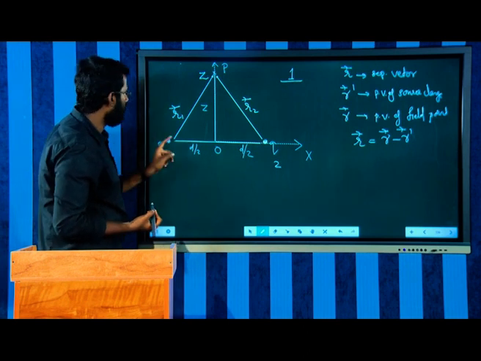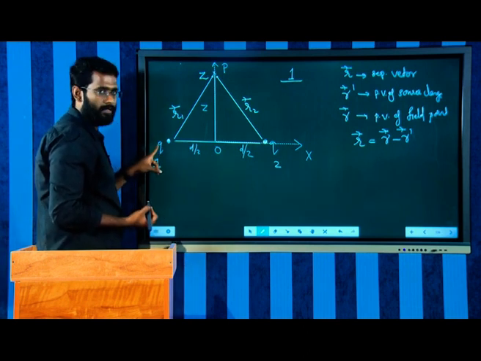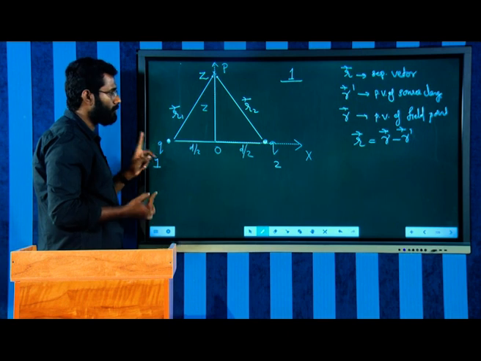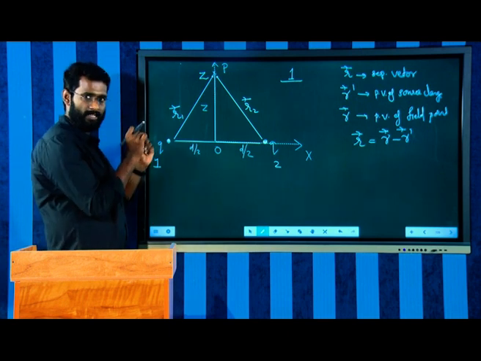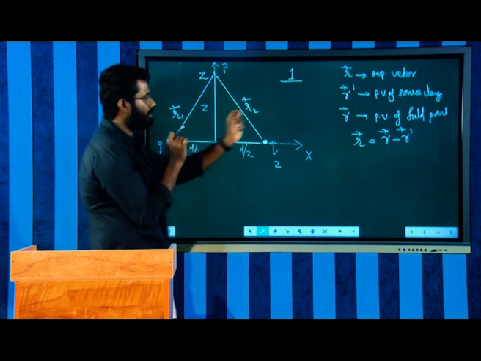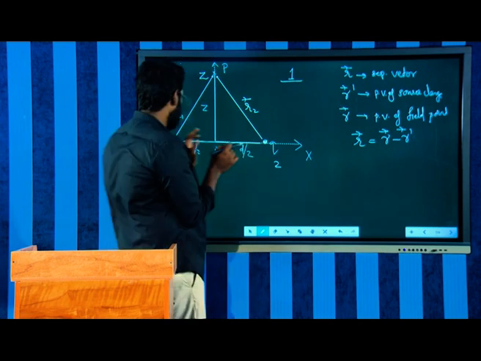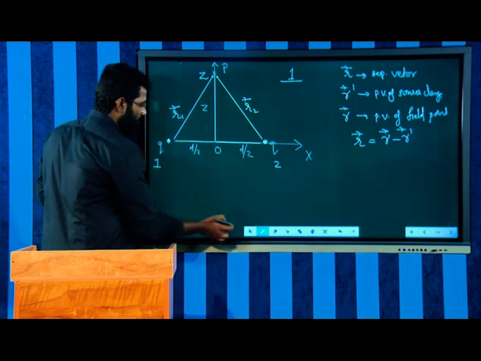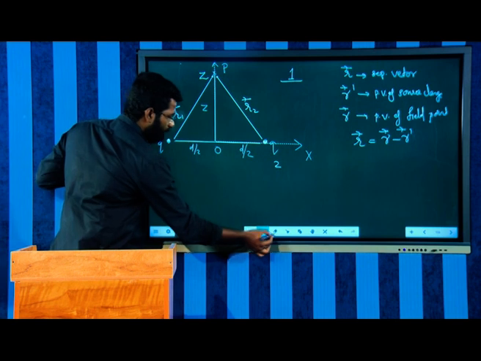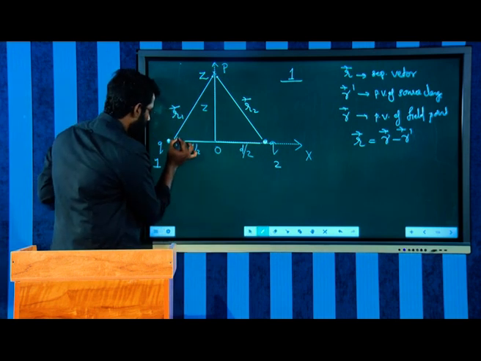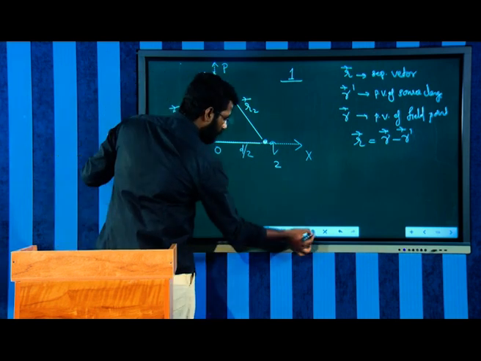Also, this is one of the source charges, and for source charges we give a position vector. That position vector is denoted by R dash. So for the first charge we put a vector here, let me put it in a different color.